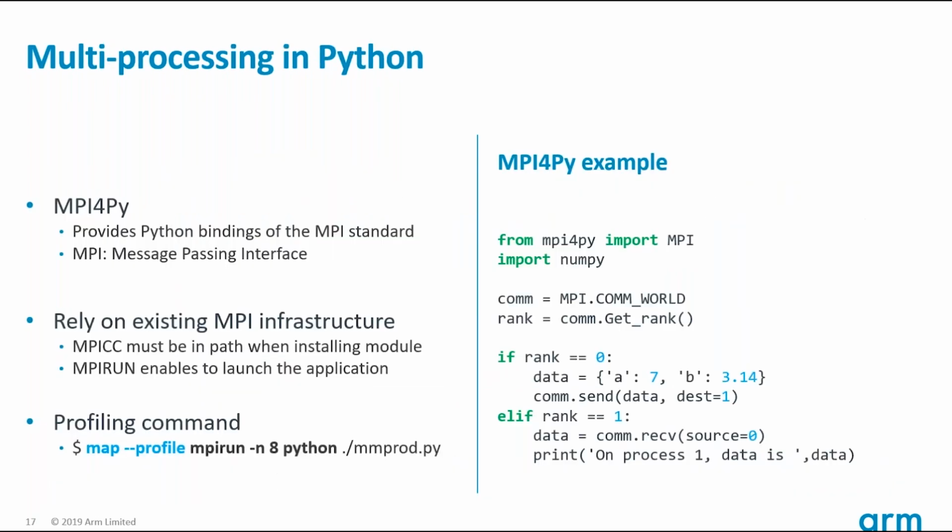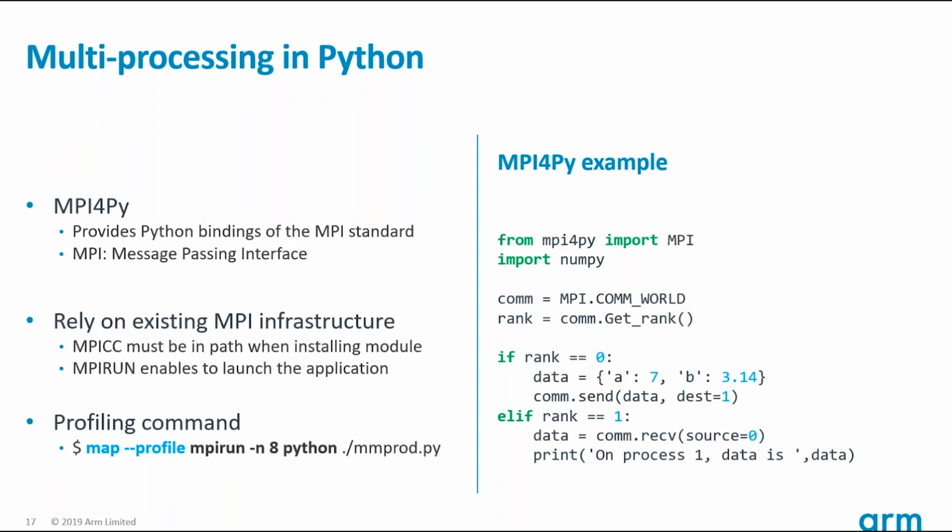So what about multiprocessing applications with Python? In HPC, MPI is a distributed parallel programming standard that implements multiprocessing. There are many implementations available, all providing compiler wrappers such as mpicc or mpifort to compile parallel applications.